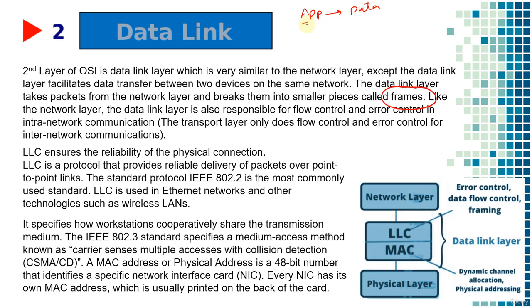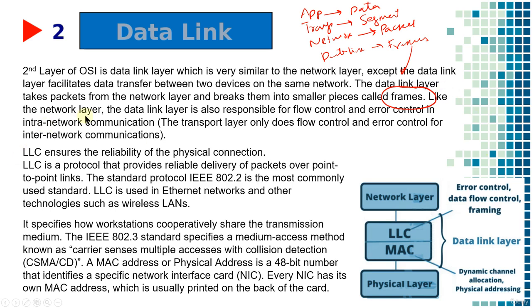Then we have the transport layer, where the term is called segment. At the network layer, it is called packets. But at the data link layer, the data is called frames, as you can see over here.